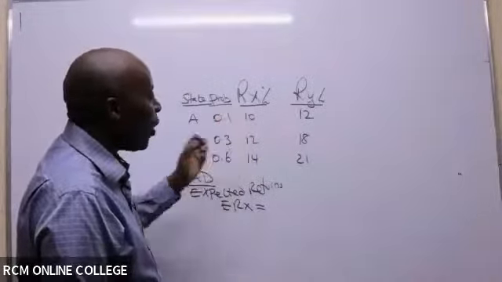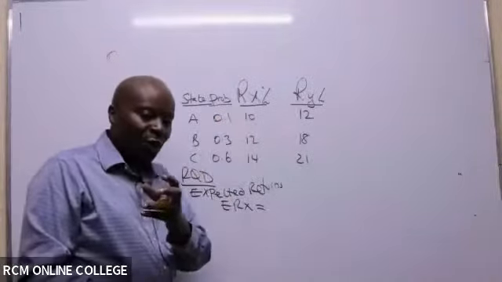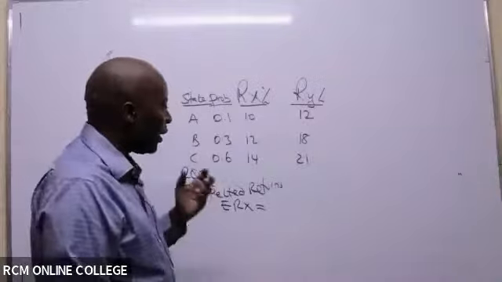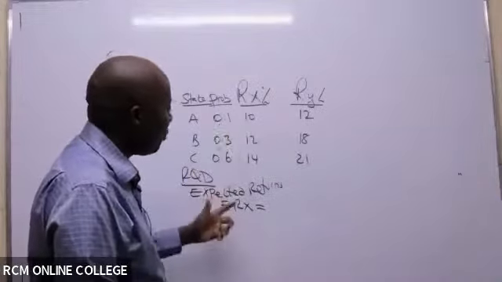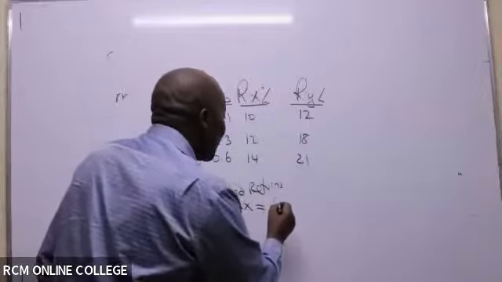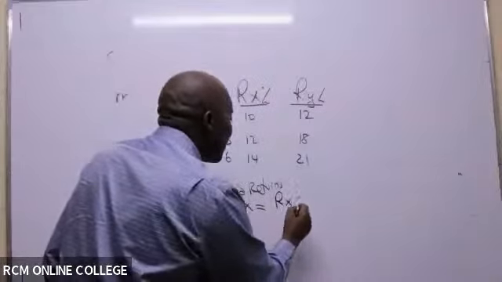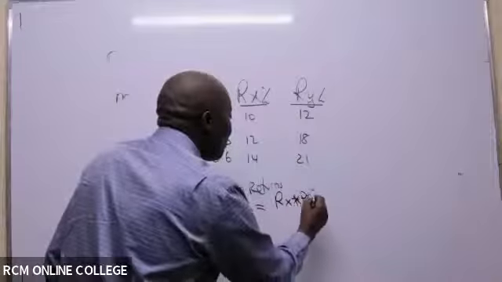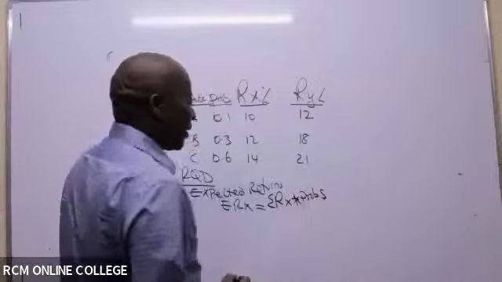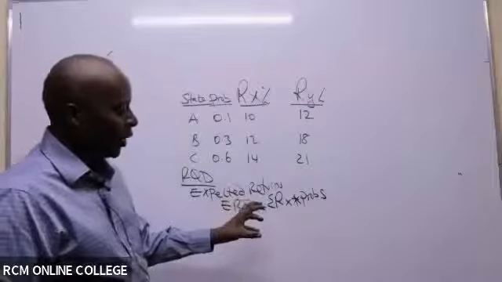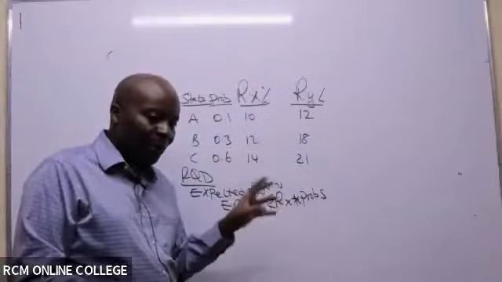Returns are different, so we want to get the average. So how do we get the average? In light of probabilistic information, to get expected returns, you take the actual returns given times their corresponding probabilities.